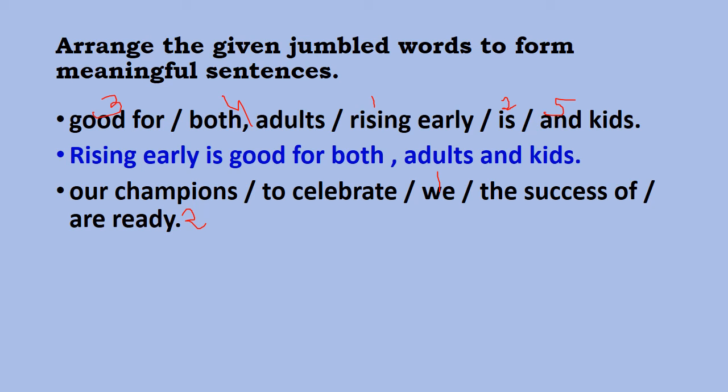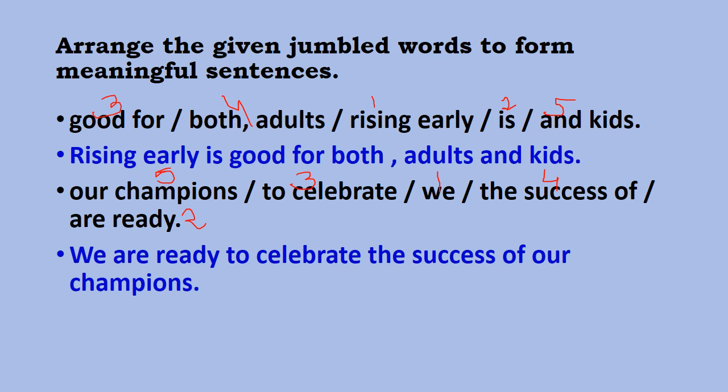So you get to celebrate. And what are we supposed to celebrate? The success, right? And whose success? Our champions. Like this, when you break the sentences and keep on asking questions, you can form good sentences. Our answer will be, we are ready to celebrate the success of our champions.